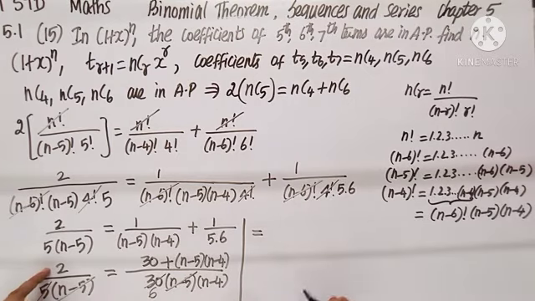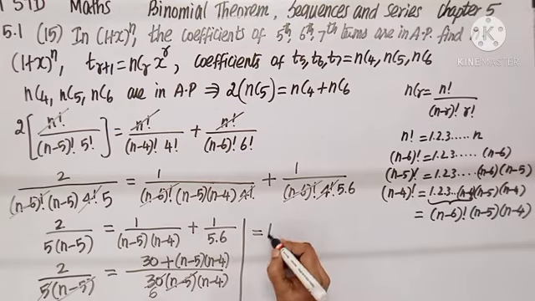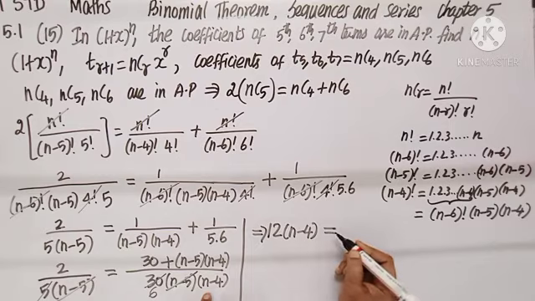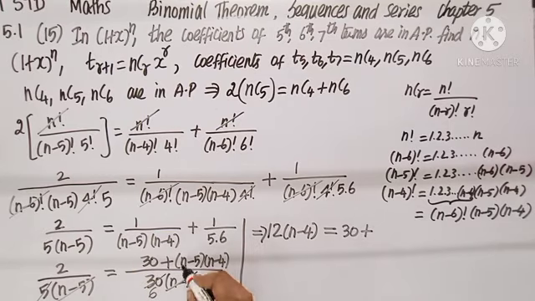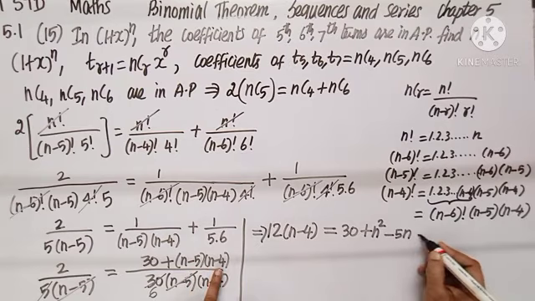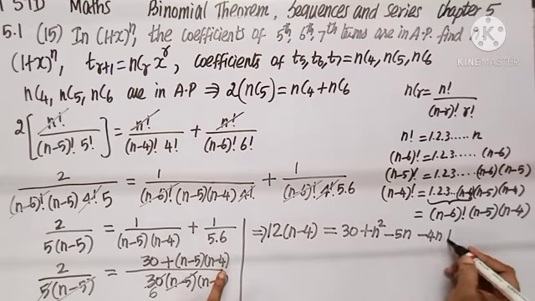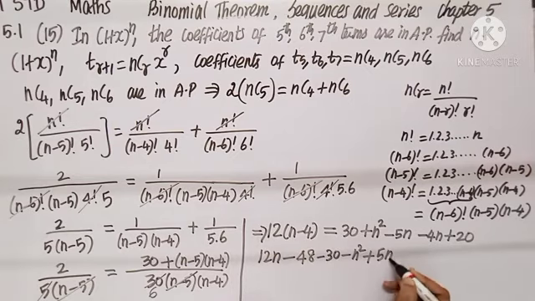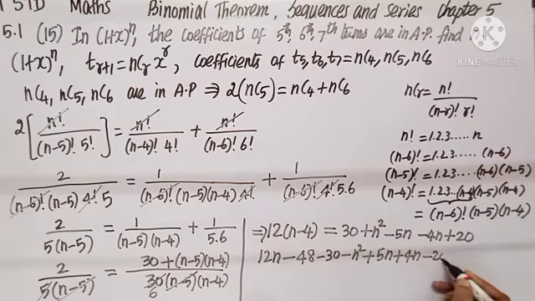Cross multiplying, 2 into 6, 12 into (n minus 4) equals 30 plus (n minus 5)(n minus 4), that is n square minus 5n minus 4n plus 20. Here 12n minus 48. Bringing all the terms to the same side, minus 30 minus n square plus 5n plus 4n minus 20 equal to 0.